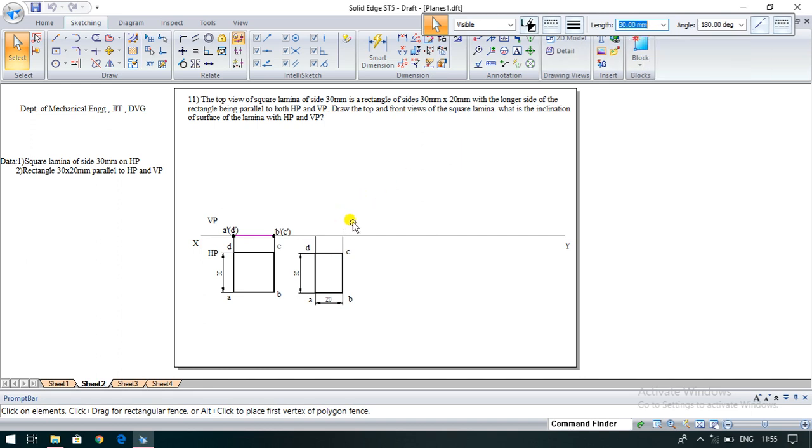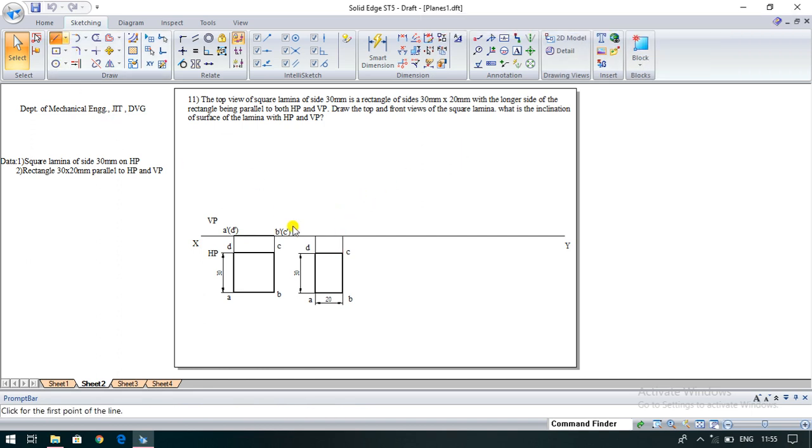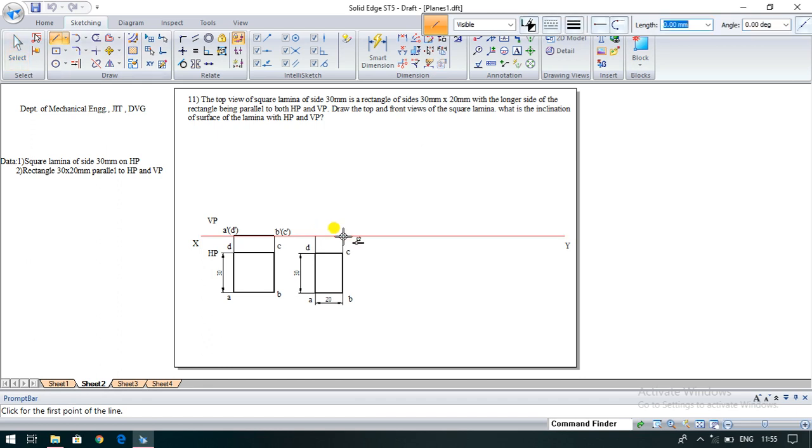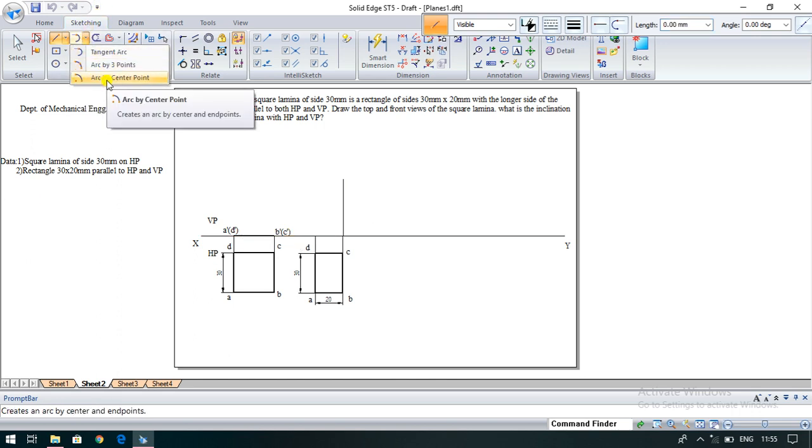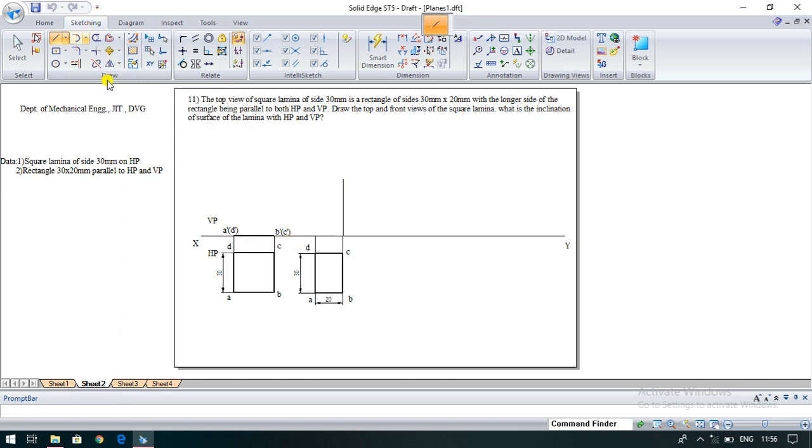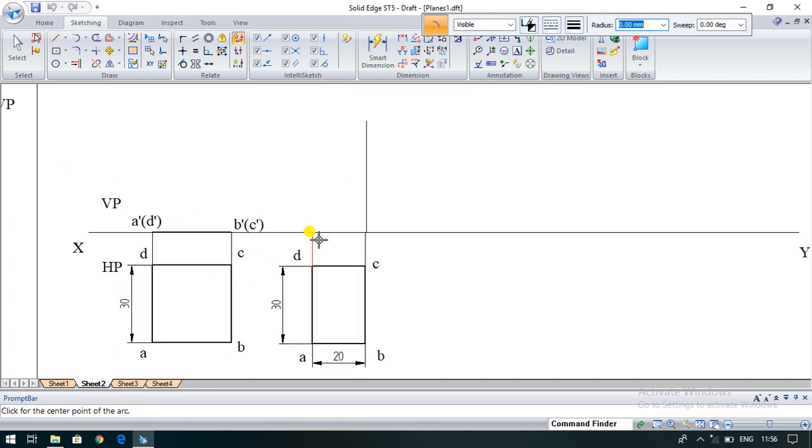Now project the line from point C a certain distance. Later, go for the arc by center point command. Use the arc by center point with A dash, the point I called A dash. We have the length A dash B dash as 30 mm, so use the same distance.